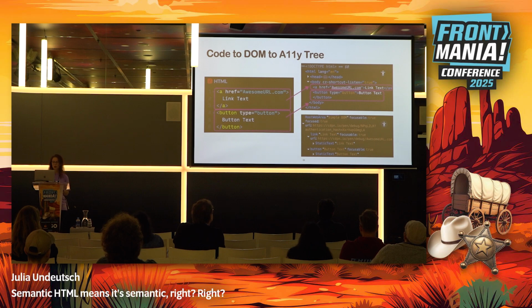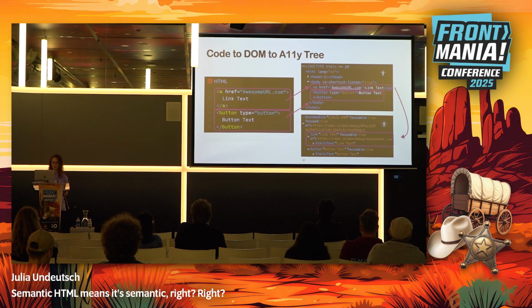Then when we change our view from the DOM tree to the accessibility tree, we see that more information appears. Instead of the A tag, it appears that the element is a link with a text, with its accessible text, and this is a focusable element. And instead of saying the href and its URL, we see the output stored in the URL, and it has also the static text inside, which is the same as the link text already.